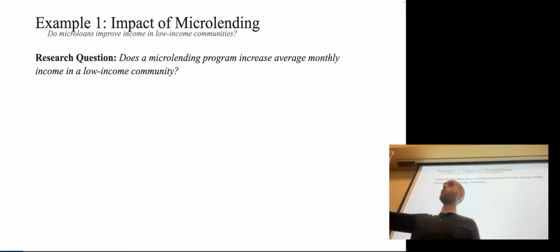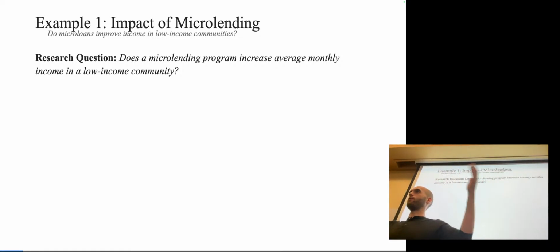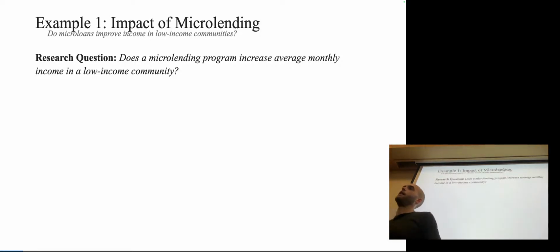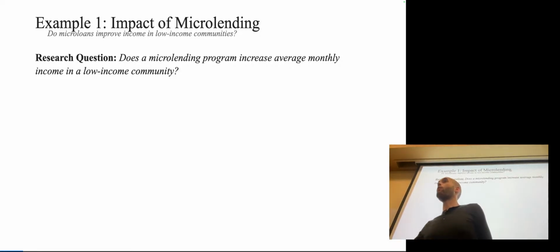So one way of going about this would be to look at families in low income neighborhoods or communities or wherever we're looking. And then we'd have monthly income. And then we would have a second column, which would be whether they were treated with a microloan. So we'd have a continuous variable as our outcome variable, and then a binary predictor variable as our treatment.